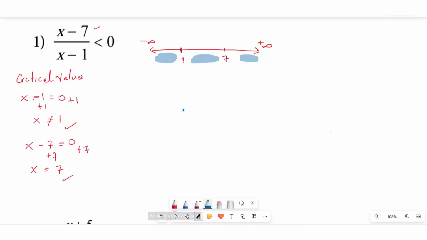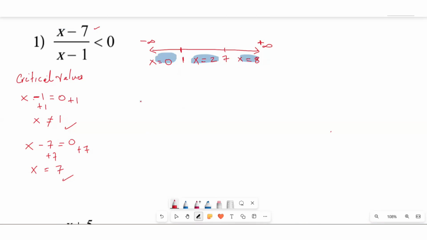So let us just write the numbers that we want to test. I want to test where x is anything less than 1, like 0. That 0 will qualify for anything that is less than 1. We could test here where x is 2. We could test x equal 8. So I'm testing a number within each region.